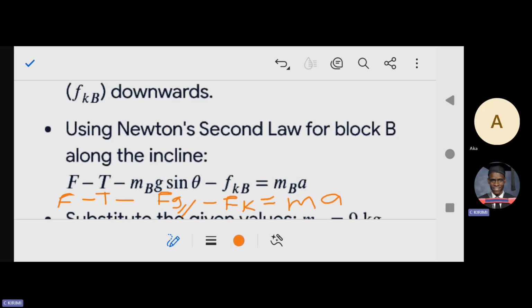Copy the equation, so that I can open the values where you are supposed to replace. Go to the FK up there. Did you copy the equation? In orange, which is easy to understand.